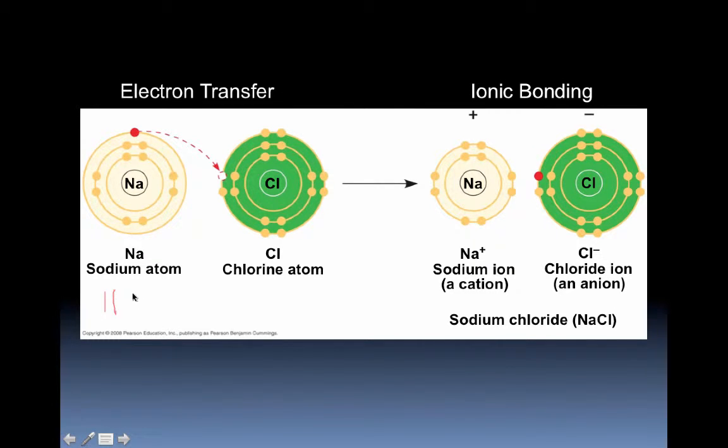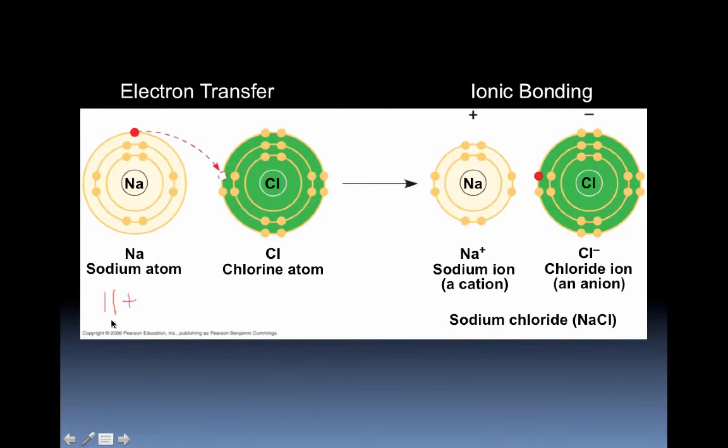So there are 11 protons in the nucleus of a sodium atom, and usually 11 neutrons as well. Since I said this atom is neutral, we should also count 11 electrons. Let's do that. 1, 2, 3, 4, 5, 6, 7, 8, 9, 10, 11 electrons as well.